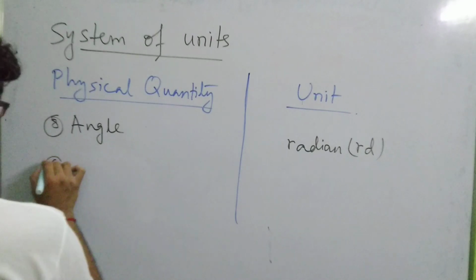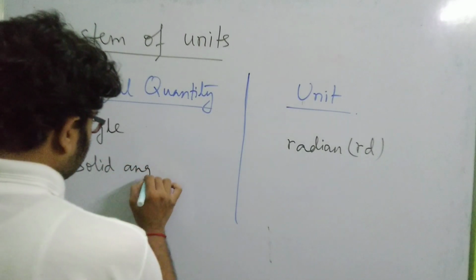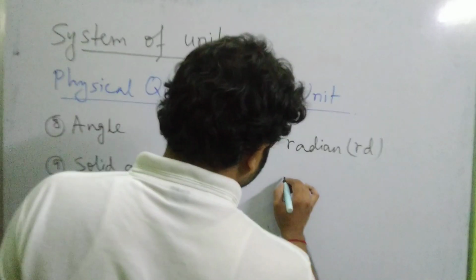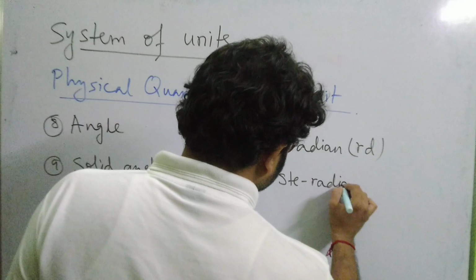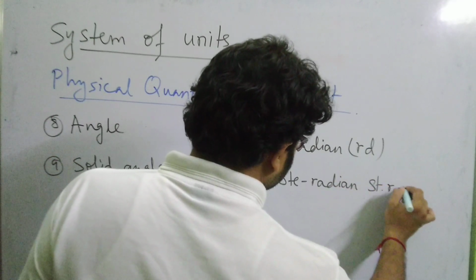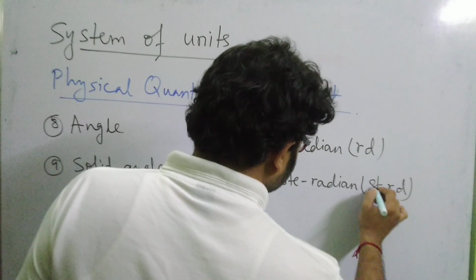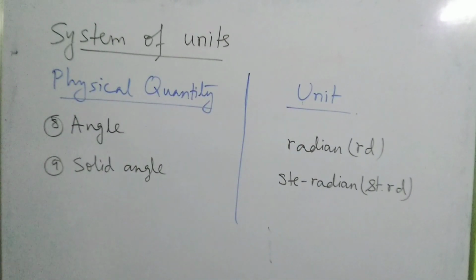And the 9th is solid angle. The SI unit is steradian, ST radian. Okay, fine. So these are the 9 fundamental physical quantities and their respective SI units.